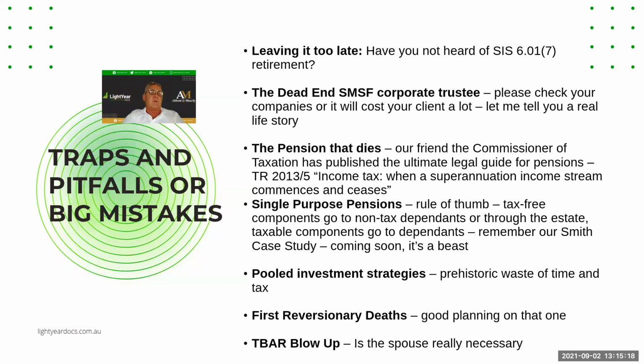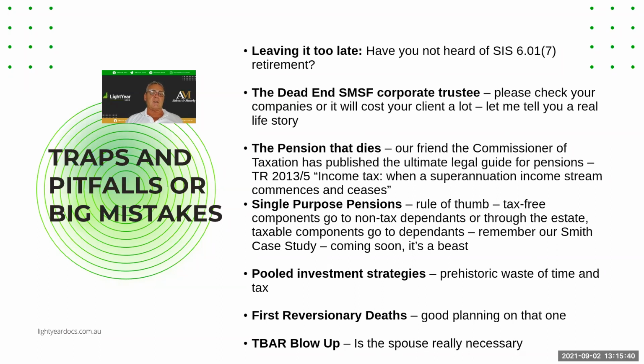So have one set of investment strategies for your pension and one set for accumulation. Now, if you already hit your T-bar, then you can't segregate for tax purposes, but you can segregate for CIS purposes, which is really crucial, particularly around that T-bar in LRBAs.